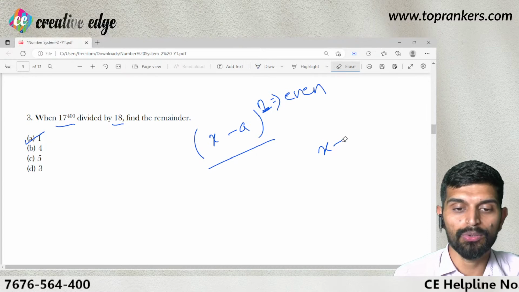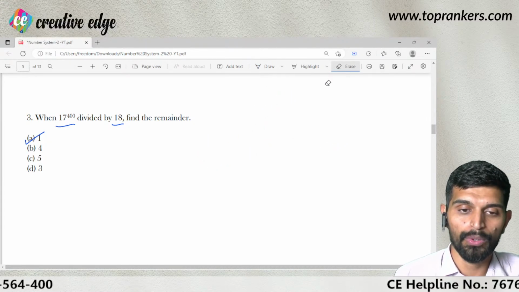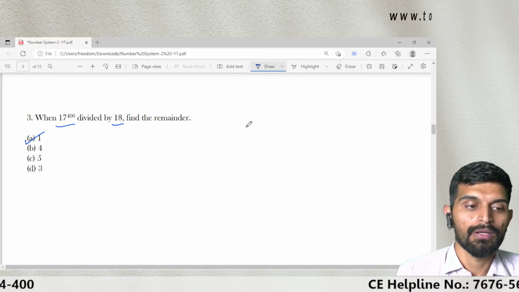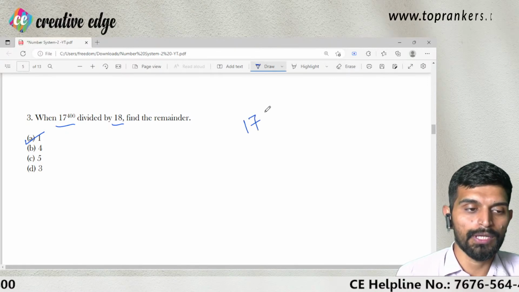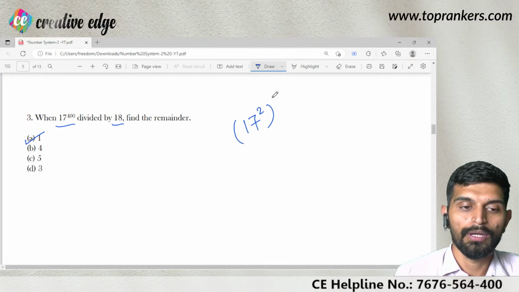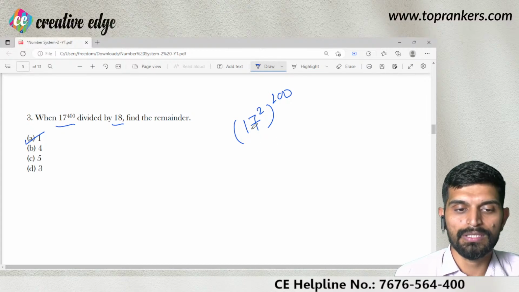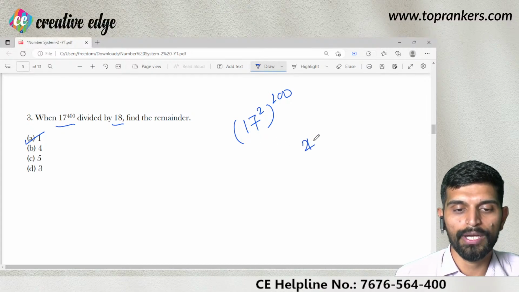If you are not able to understand this standard rule, let me help you out with one more example. If you write this 17 to the power 2 and rewrite it this way, 17 squared is 289.